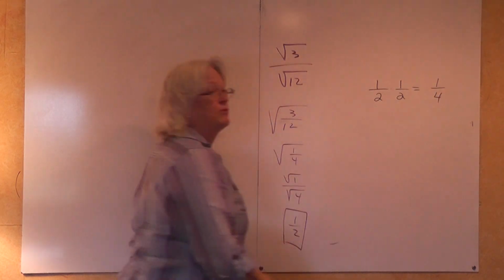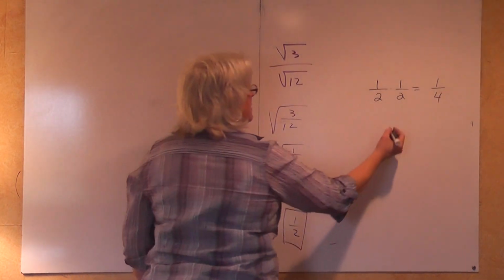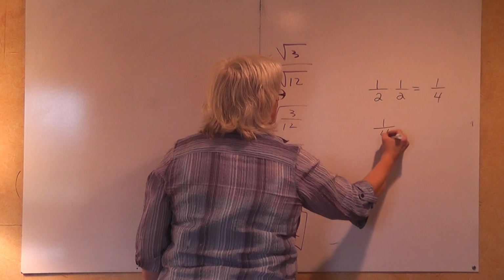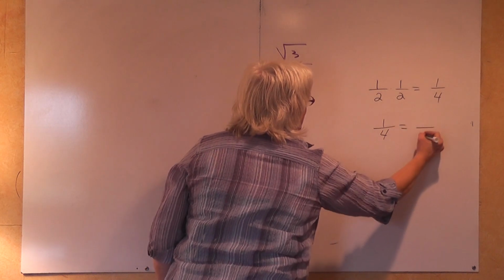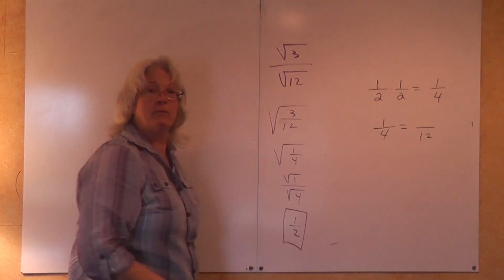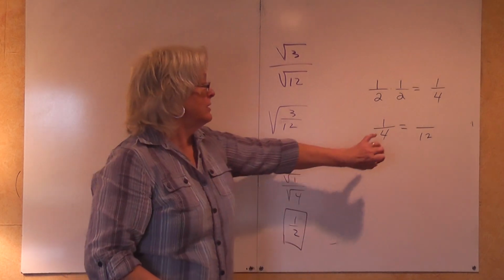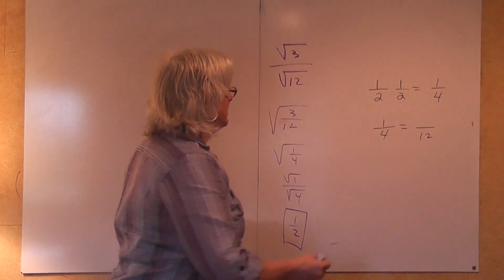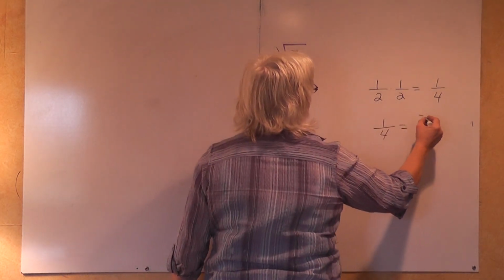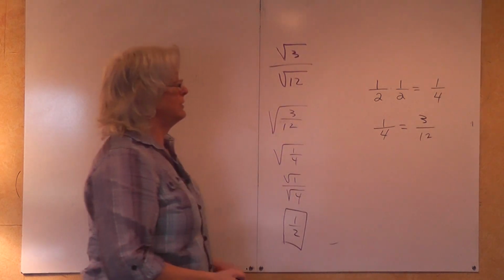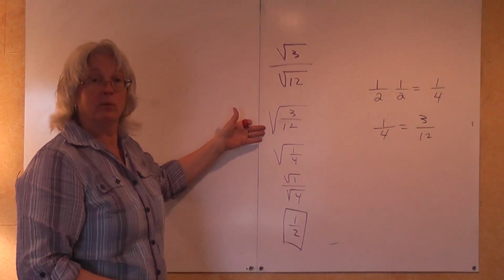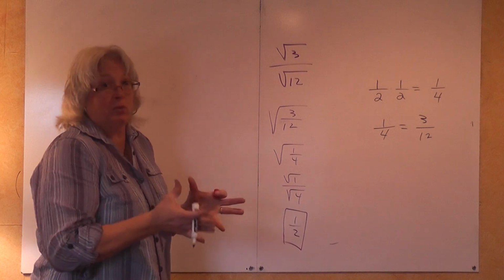It's equal to 1/4. 1/4 can be written as an equivalent fraction with a denominator of 12 by multiplying the numerator and denominator by 3. So that's exactly what we're looking for. It's just a different way of looking at things.